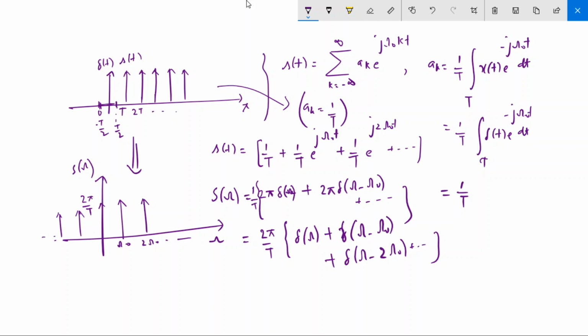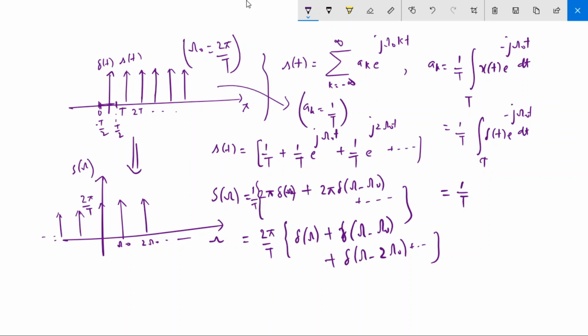So the Fourier transform of this impulse train is again a train of impulses in the frequency domain with a spacing of omega naught, where omega naught is nothing but 2 pi by T. So T is this time, so omega naught is 2 pi by T, right?